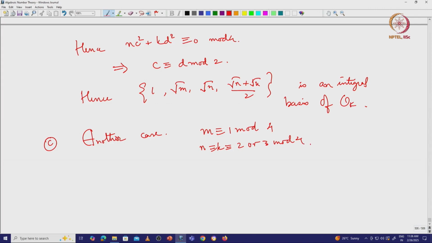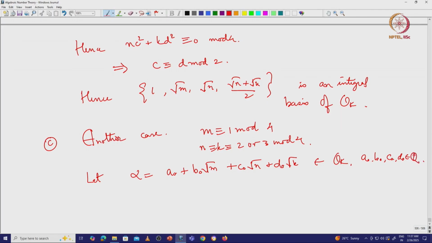So again, if you remember, where did we use the fact that, yes, so let alpha equal to a0 plus b0 square root of m plus c0 square root of n plus d0 square root of k be in OK, and a0, b0, c0, d0 be in Q, right.